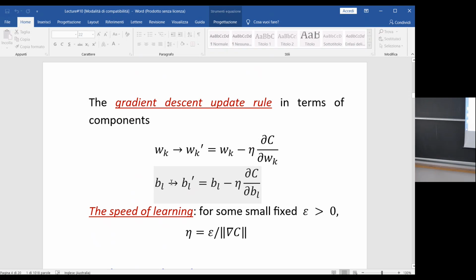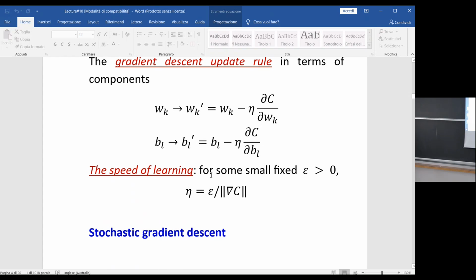For any layers, for any neuron inside this layer. And eta is the parameter called the speed of learning.